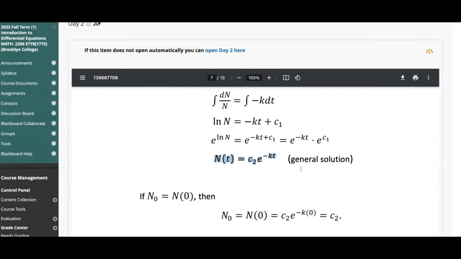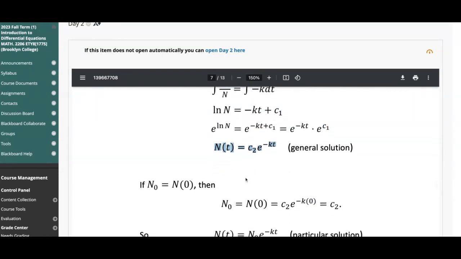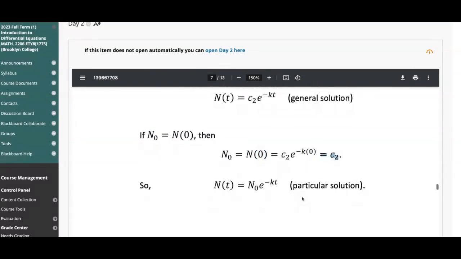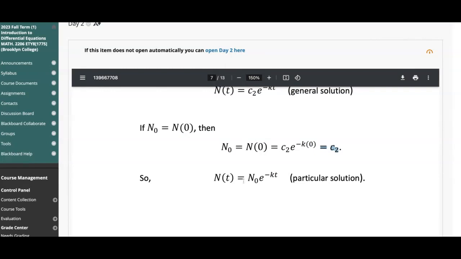That's a general solution for N. If N naught equals N of 0, we substitute N of 0, which is just a constant. So N of T equals N naught, the initial value, times e to the negative KT. This is a particular solution for the initial value N naught.